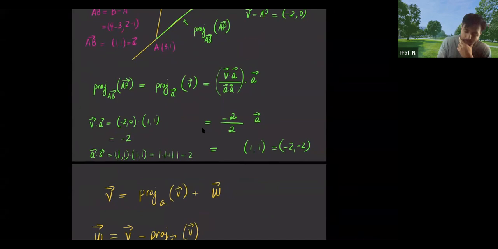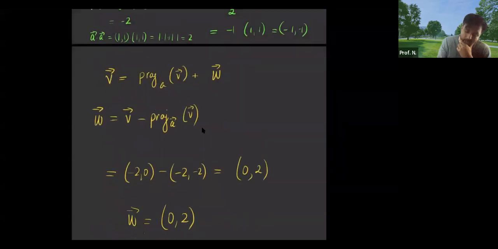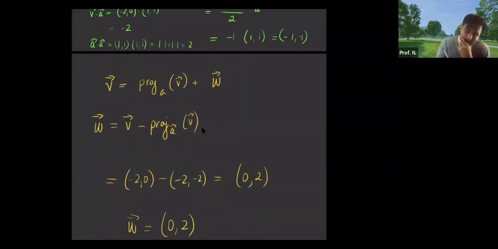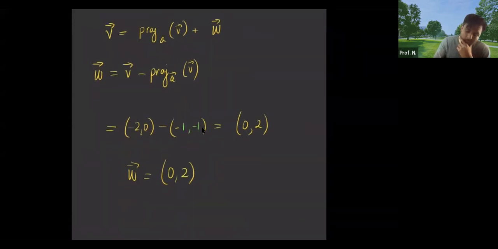So this should be negative 1. Is that going to change things? Yeah, it will. Because now the projection is not negative 2, negative 2. It's negative 1, negative 1. And when I subtract this, negative 2 minus negative 1 is negative 2 plus 1, which is negative 1. And then this becomes positive 1. And that's W.